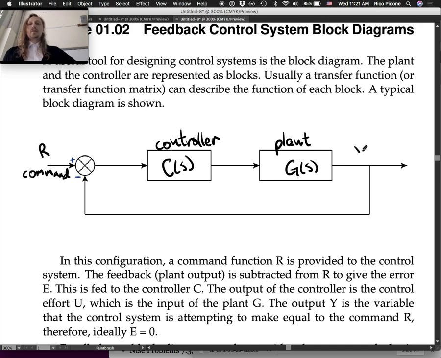The actual output we often will call Y, in keeping with our notation of Y being the output of a system. We're going to feed that output back. So we call this feedback.